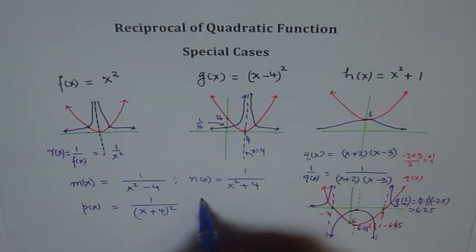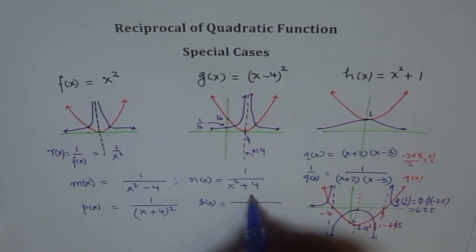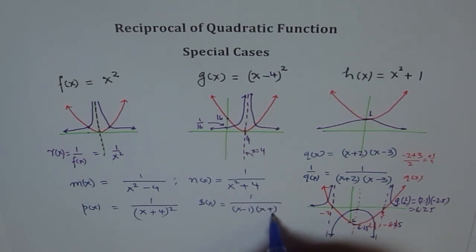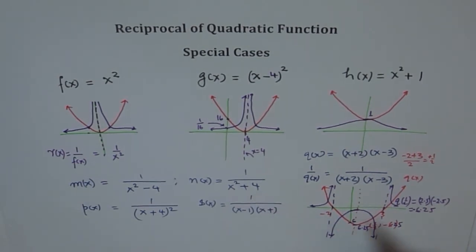Let's say s(x) equals 1 over (x minus 1) times (x plus 1), which is x squared minus 1, okay? Okay, so try these as practice problems. Write down the domain and range, first sketch your graph, right? And then write domain and range, and try to understand what the reciprocal of a quadratic function is.